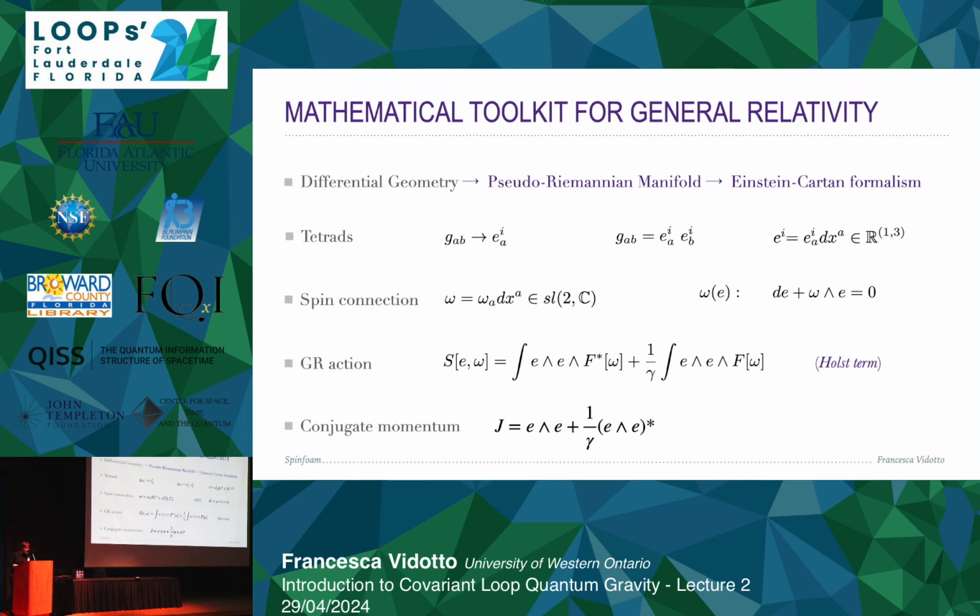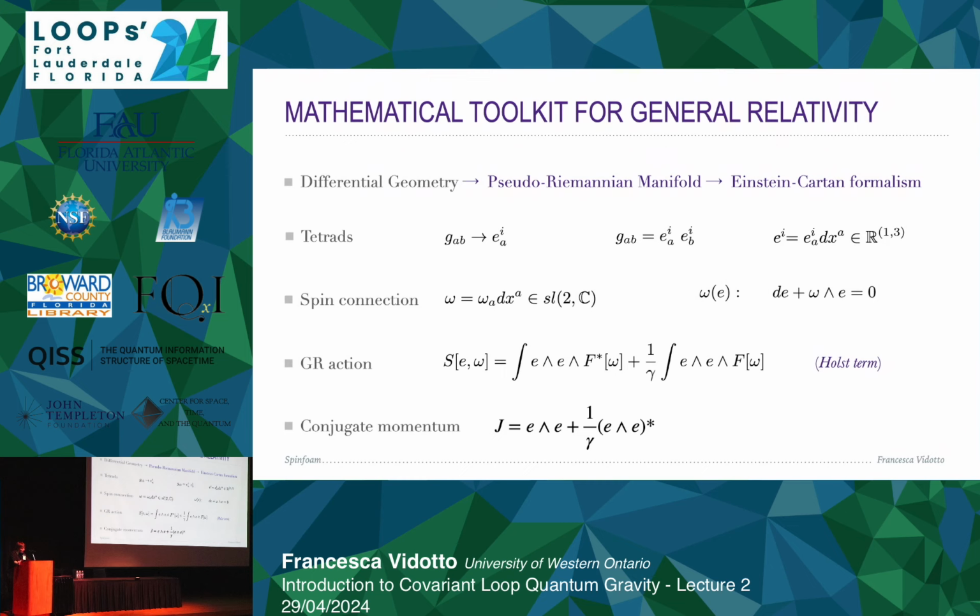Now, notice the fact that in general, I can have a much wider choice of possible conjugate momenta to the spin connection. So here what I'm doing is to constrain the space of possible choices, so somehow I am restricting my phase space, making this particular choice.